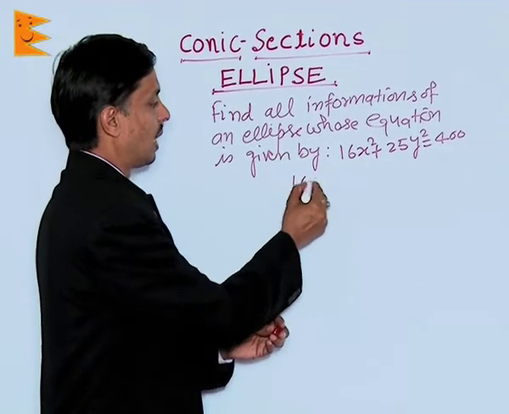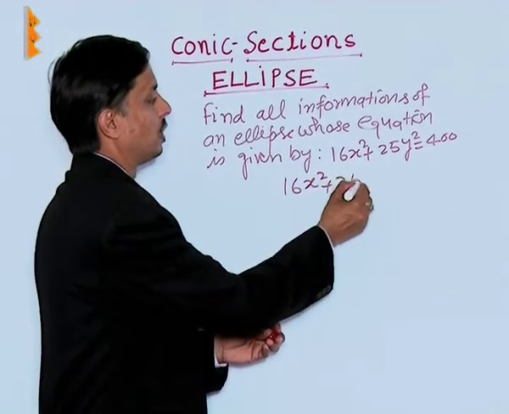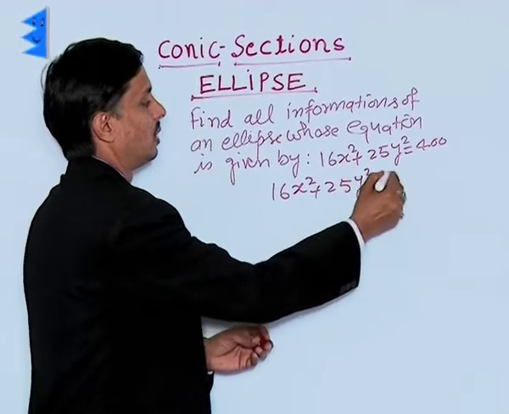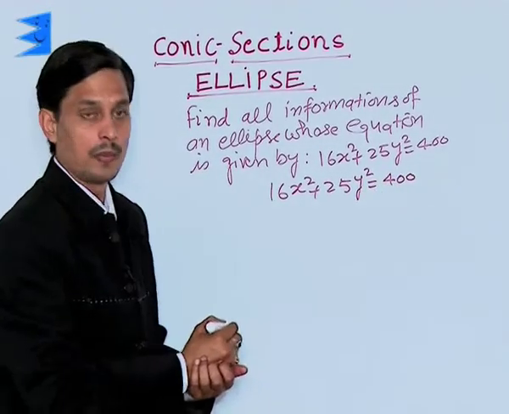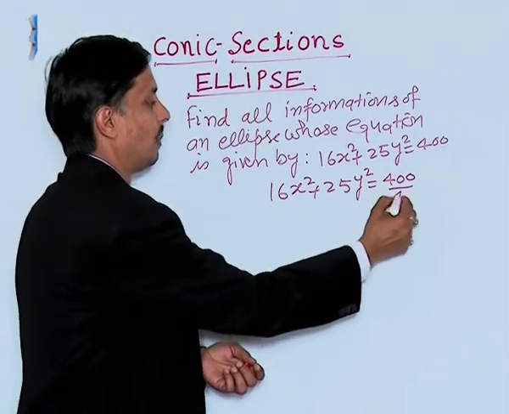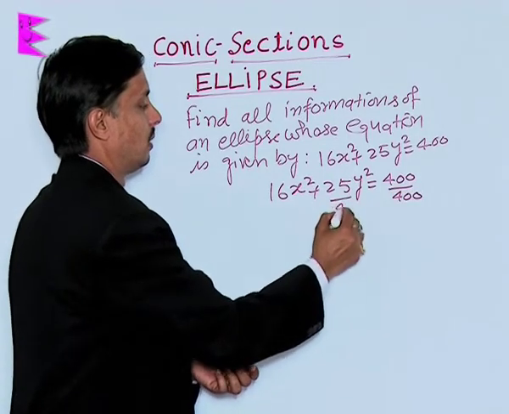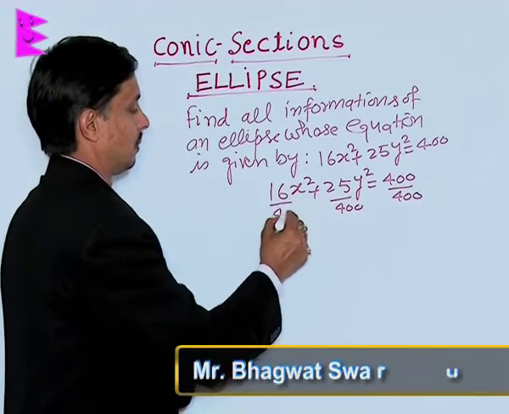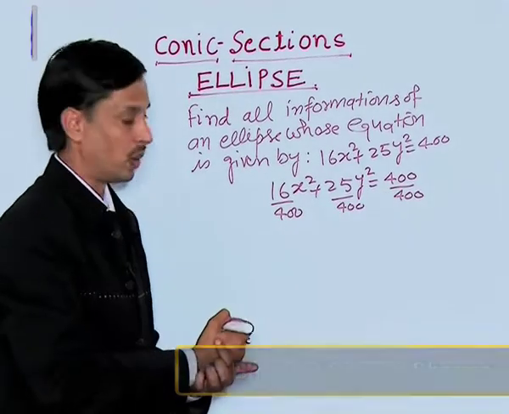First of all, I will bring this problem in the standard form. That is, we will divide it by 400 on both sides to make the RHS 1.